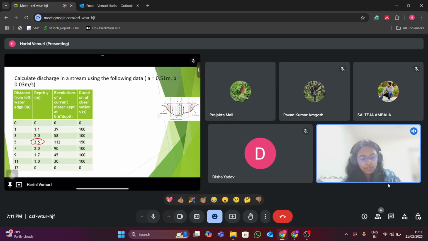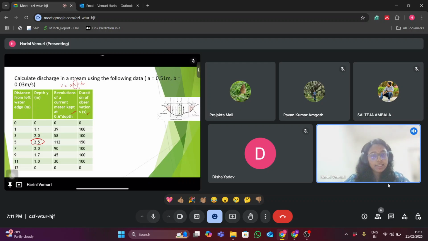So to calculate velocity, we have the formula V equal to A into N plus B, right? So here N is the number of revolutions per second. So to calculate N, we need to first divide the number of revolutions by the duration of the flow.